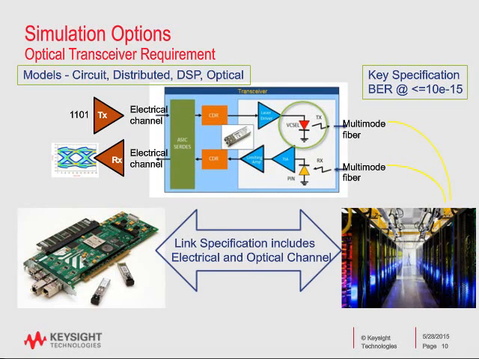So let's look then at the optical transceiver. This is a typical thing that you will see in a data center environment that allows the electrical signals to be converted into optical for passage along optical fibers and then converted back to electrical to then be turned back into bits.